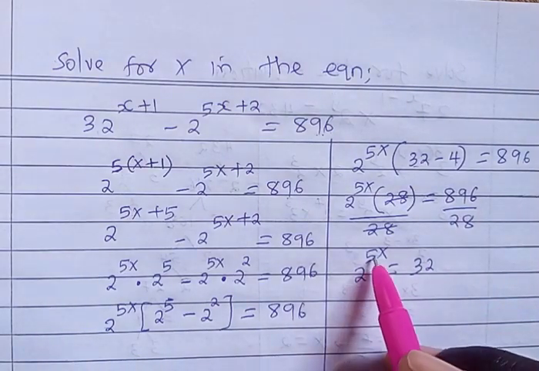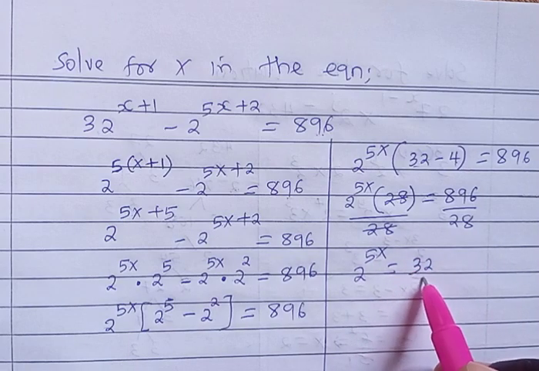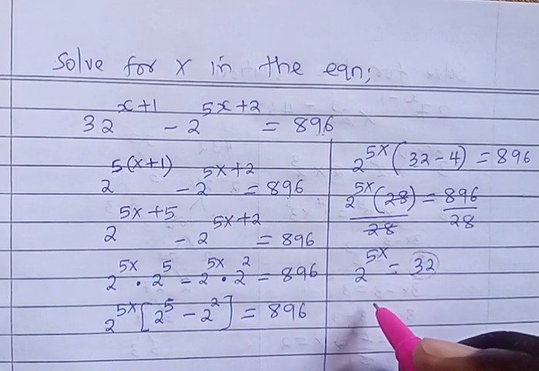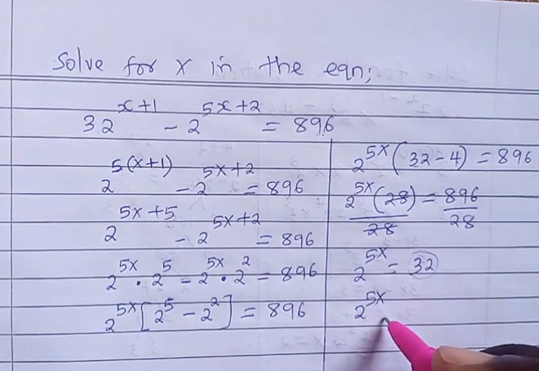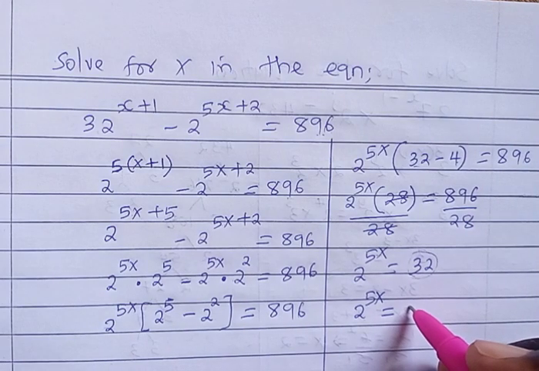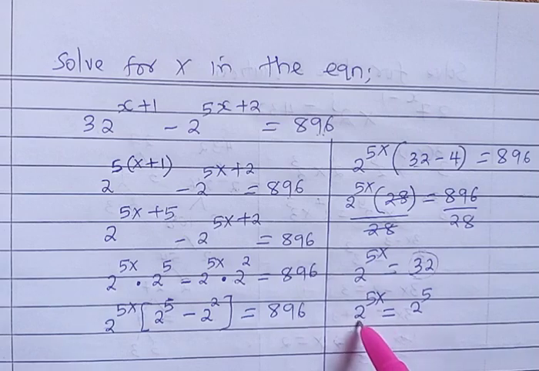Now, 2 raised to power 5x, I can also write 32 in power form or in index notation. So 2 raised to 5x on our left hand side equals to what we have on our right hand side, which is 32. 32 is just 2 raised to 5, and therefore, since the bases are the same, I equate the powers.